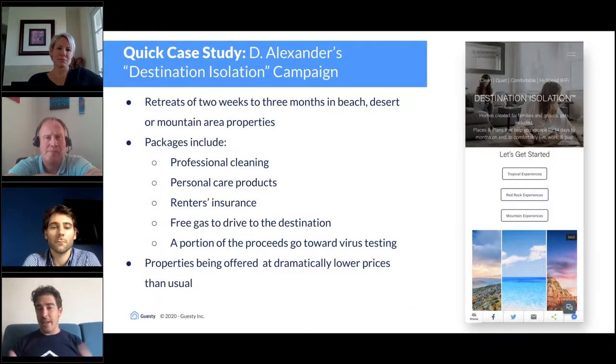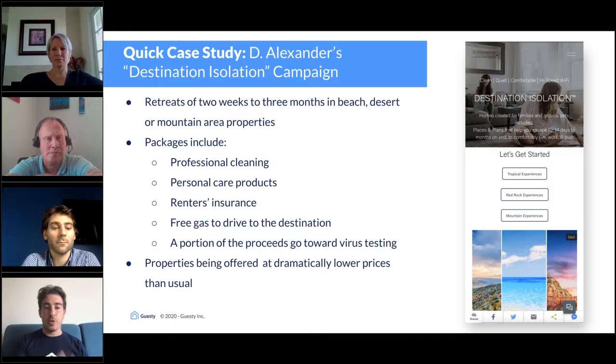A good case study that I want to suggest is one of our own customers, a Guesty customer named D. Alexander. They started the campaign around destination isolation, which they did very early in the game, in late March, basically transitioning a lot of their units to be very specifically marketed as COVID friendly, or anti-COVID, if you will.